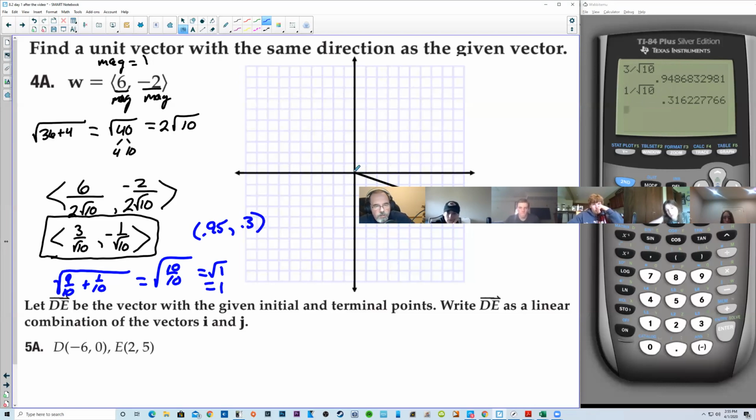And you can see that if we go over about 0.95 and down 0.3, that little tiny vector there has a length of 1, but it's negative. It's also the same direction as 6, -2. So by finding this answer, we found a vector that's 1 unit long in the same direction as the given.